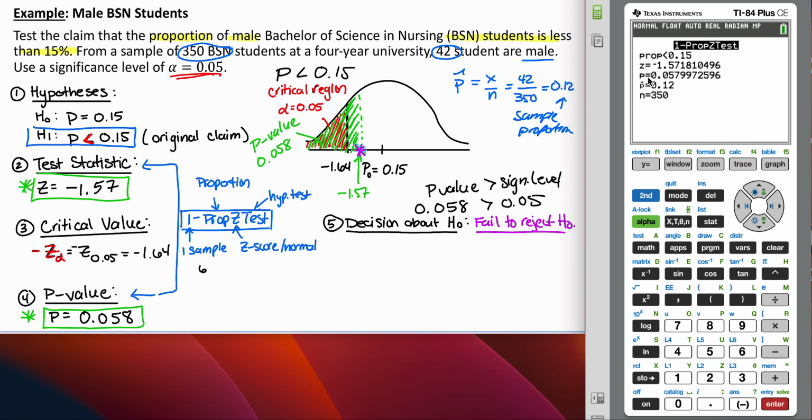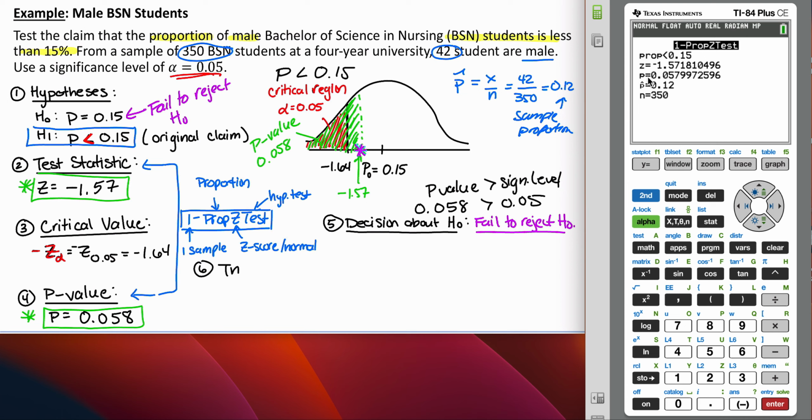Now let's state our final conclusion and address the original claim. So in step 5, we fail to reject our H0 claim. So what does that mean?